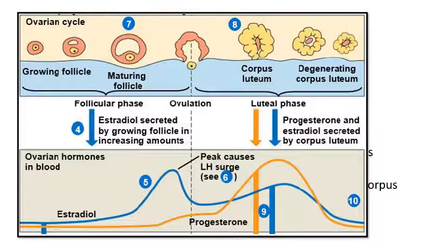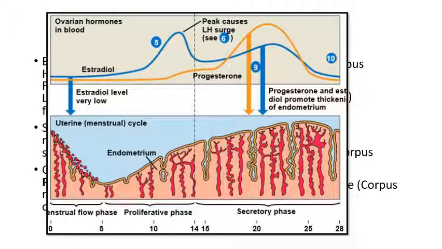Okay, so this is just showing the corpus luteum. Here we have the follicles on the top, showing you what happens to this particular follicle after it releases its egg: it swells up into a corpus luteum. The corpus luteum produces lots of estrogen and progesterone, and those estradiol and progesterone cause swelling of the endometrium.